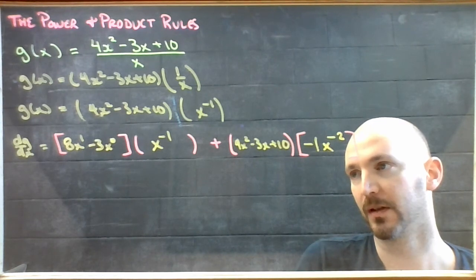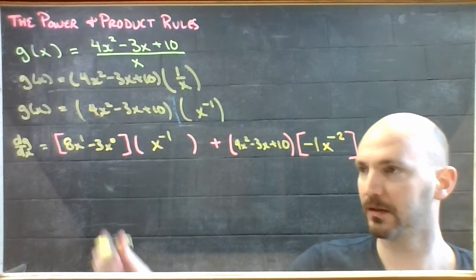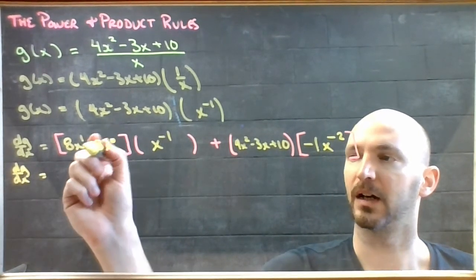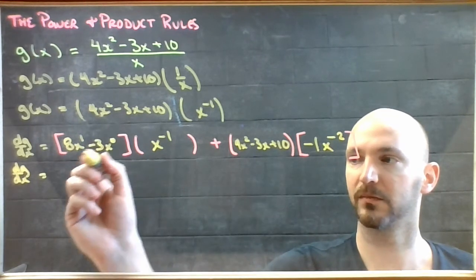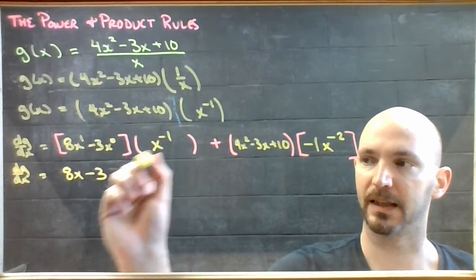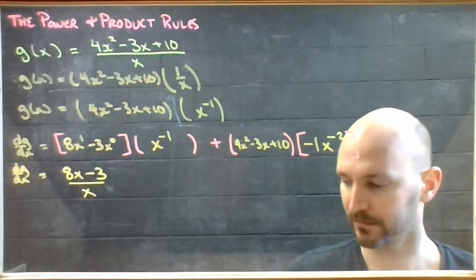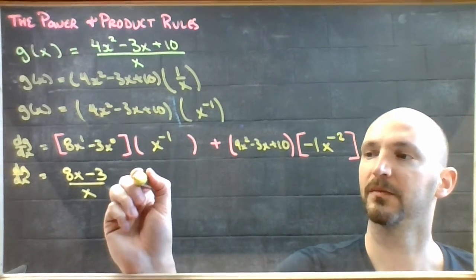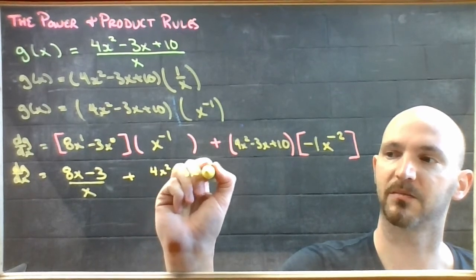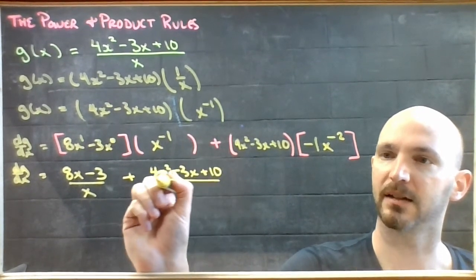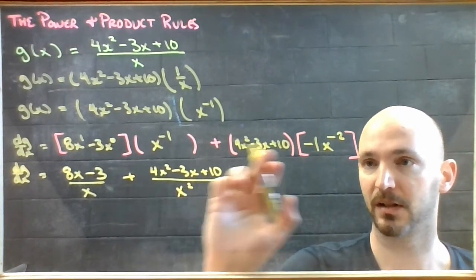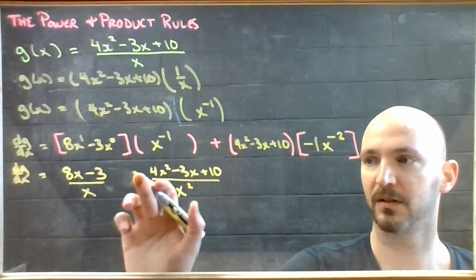All right. So if I clean that up a little bit, I have 8x minus 3, and this is over x. In this term, I have 4x squared minus 3x plus 10, and that is over x squared, and this negative times a positive is negative.